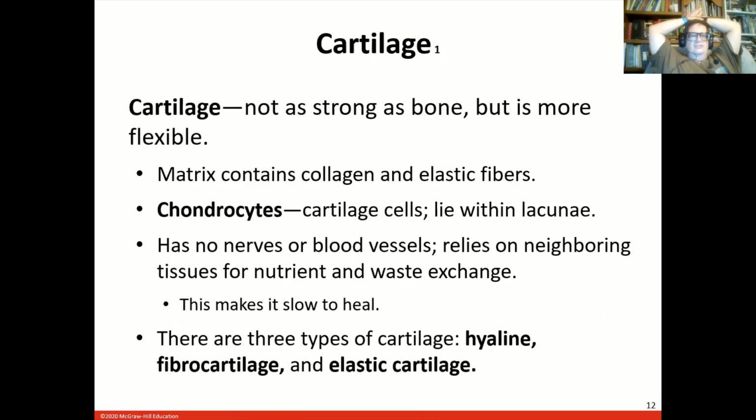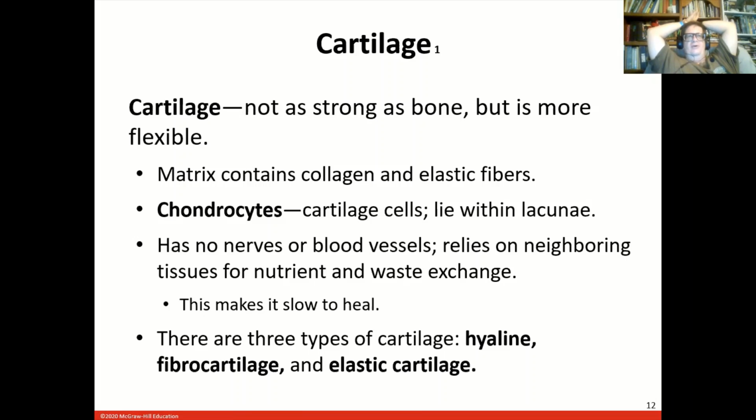Let's talk cartilage. Cartilage is not as strong as bone, but it's more flexible. The matrix, I'm talking about the space between the cells, has lots of collagen and lots of elastic fibers.